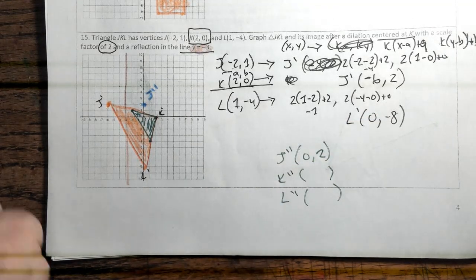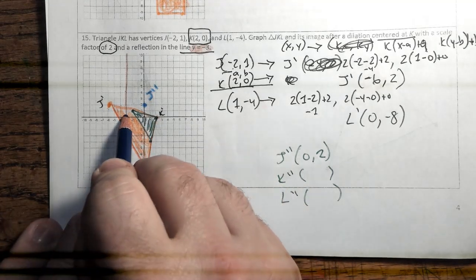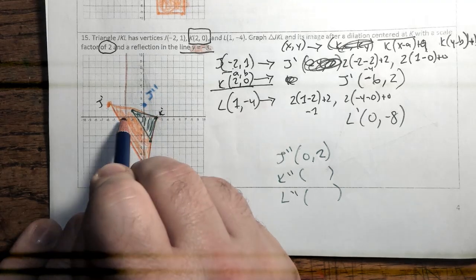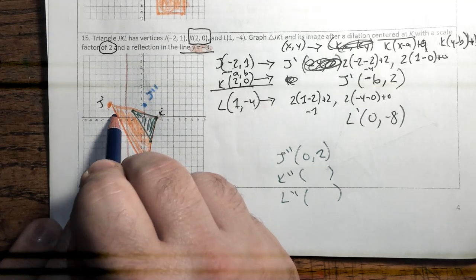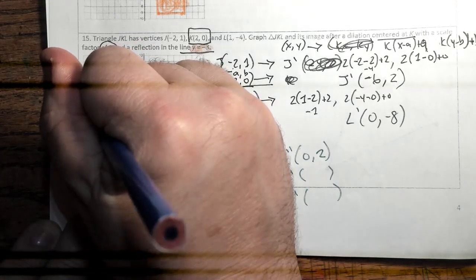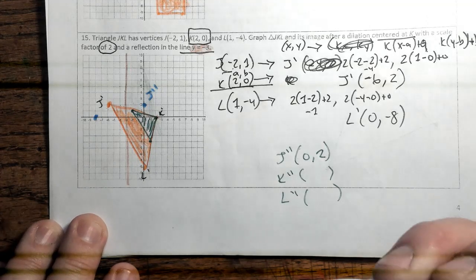All right. So K is 1, 2, 3, 4, 5 over. So we're going to go 1, 2, 3, 4, 5 over. It's still on the axis, so it goes from 2, 0 to negative 8, 0.